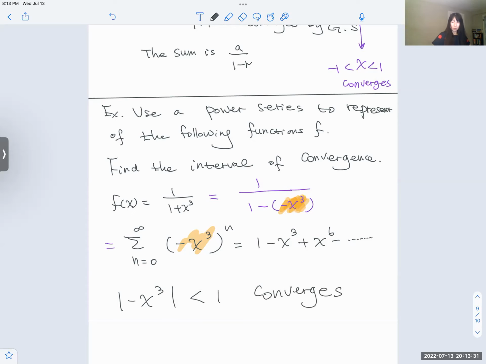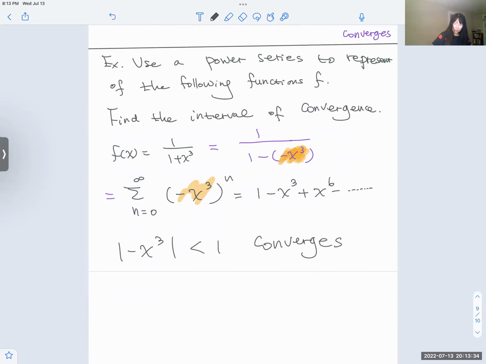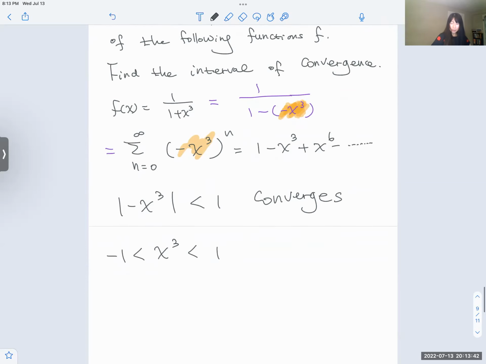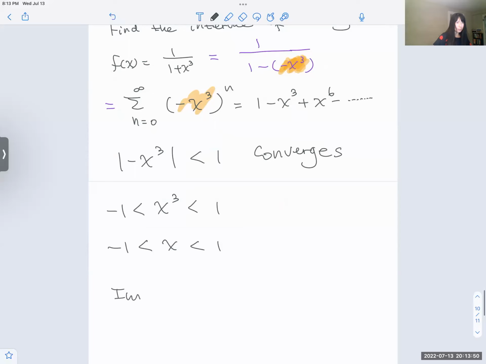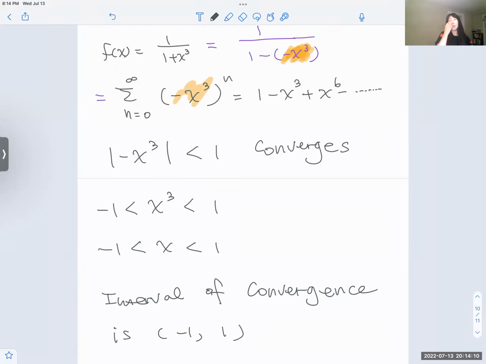Now we take out the absolute value, then we get x to the third power between -1 and 1, so x is between -1 and 1. So that is the interval of convergence. Any questions?